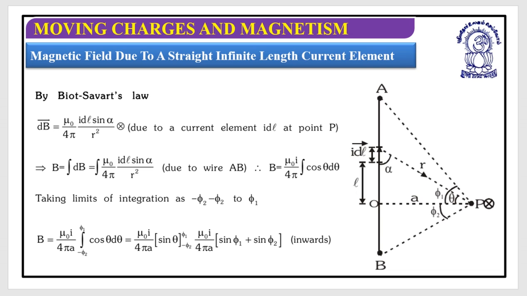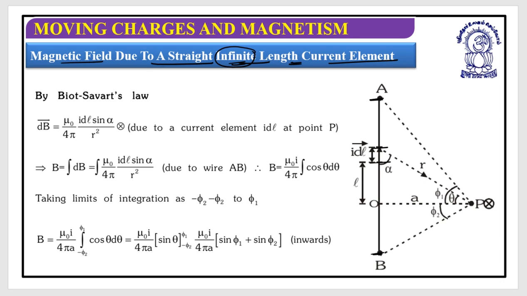So this is the first application, where we discuss the magnetic field due to a straight infinite length current element. For your purpose, here I am using a finite length conductor so that we can later use the infinite length current element. Look at this: a current segment is there from A to B, and a current is flowing through this element.